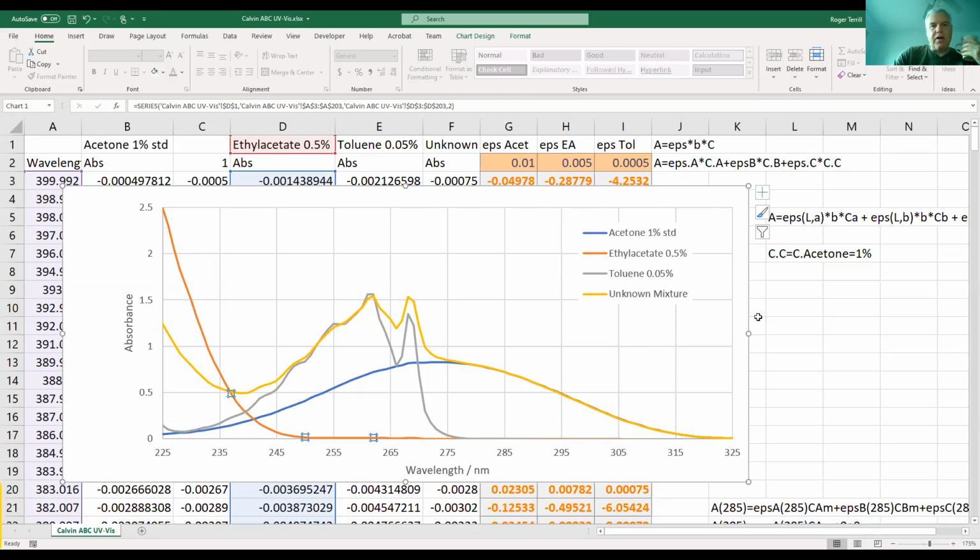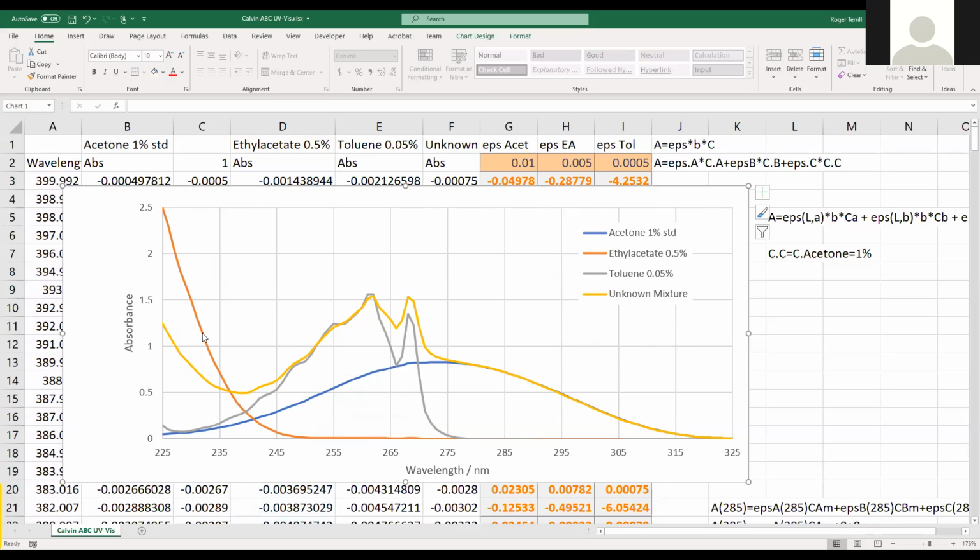Right. So one might suspect, is there even ethyl acetate in there? Well, in this case, yes. The unknown here is this spectrum derived from an unknown that contains only these 3 absorbing components, right?